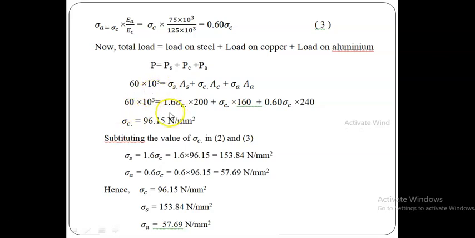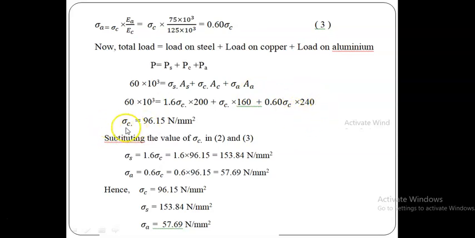Now let us substitute sigma S and sigma A in terms of sigma C, that is copper. Sigma S is 1.6 sigma C times the area of steel, which is given, plus sigma C times the area of copper, which is given, plus sigma A substituted in terms of sigma C times the area of aluminum.